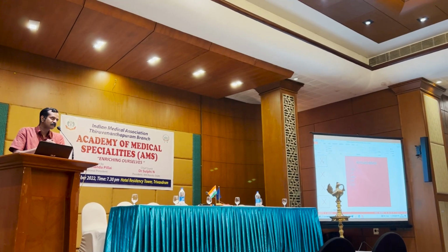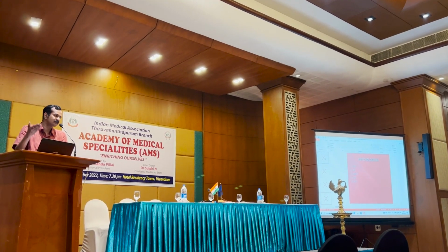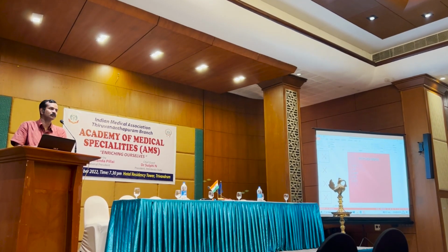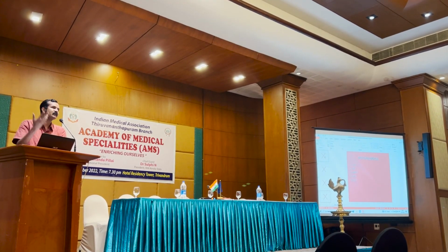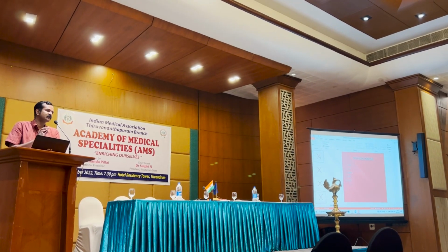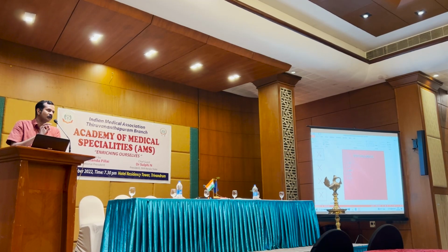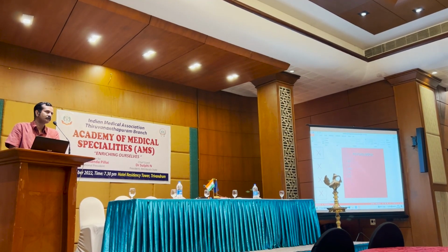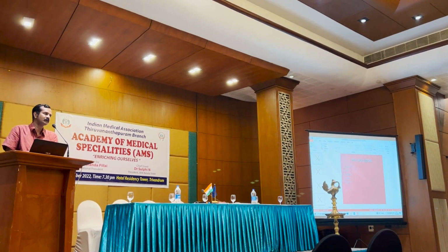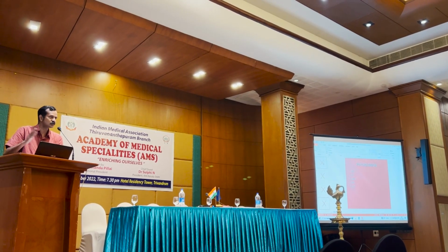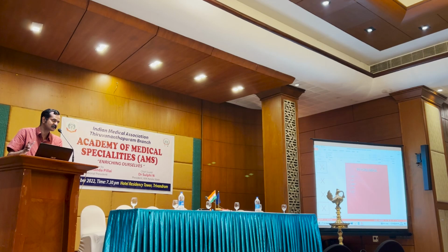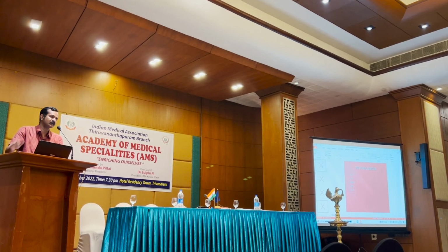Added to this, metabolic abnormalities, infective issues, alcohol withdrawal, a whole lot of things can contribute to this. Often in a state of delirium, there can be violent behavior. So at a time when there is extreme violent behavior, antipsychotics in the lowest possible dose for the shortest period of time should be given. Again, the choice of the drug should depend upon the comorbidities and the other drugs the person is taking.